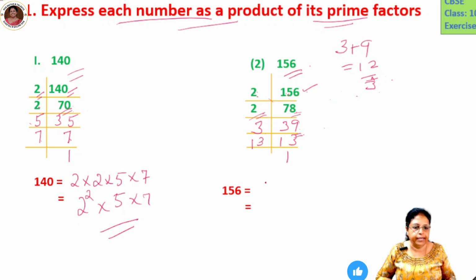You will get 1. See the factors: 2 times 2 times 3 times 13. So you can write 2 square times 3 times 13. Is it easy? Okay, you understood this.